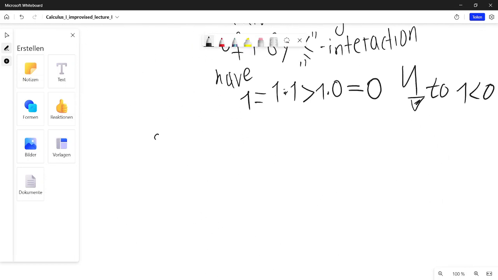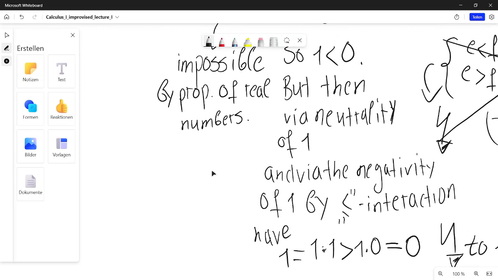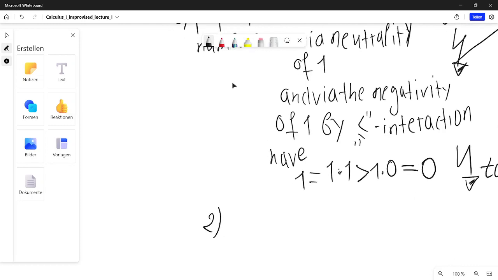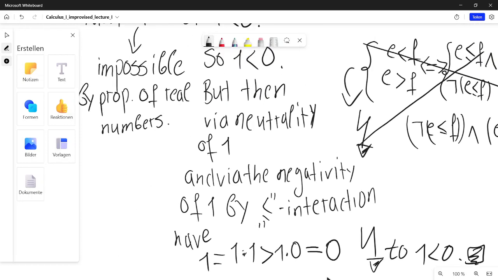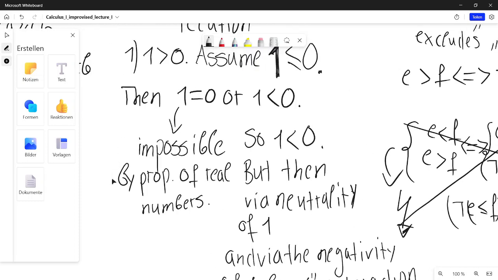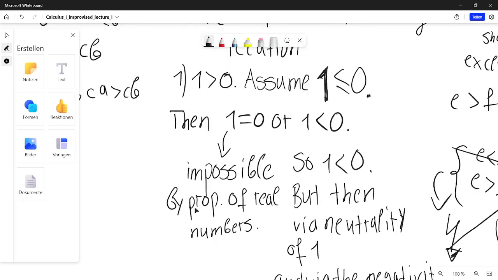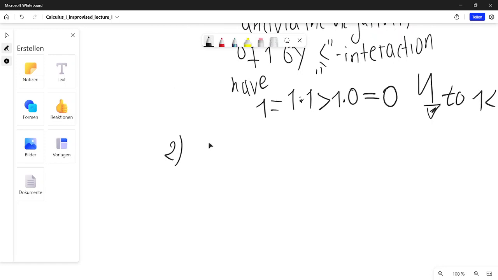Now, of course, I don't actually know what we should consider as the next property. Well, let's just list something like, maybe it shouldn't even belong into order relation.